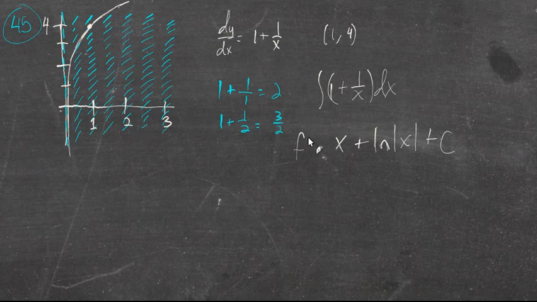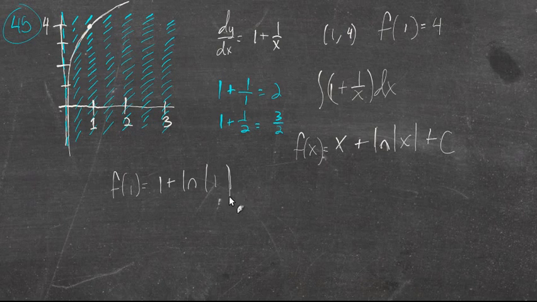But remember, this is very similar to the previous problem. This function, f of x, has this derivative, and this is telling me if I plug in 1, I get 4. So f of 1 equals 1 plus the natural log of 1 plus c, and that will give me 4. So then I just solve for c. We get c is equal to 4 minus 1 minus the natural log of 1.